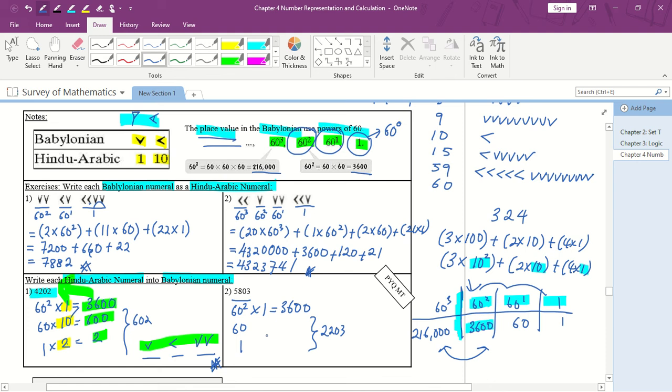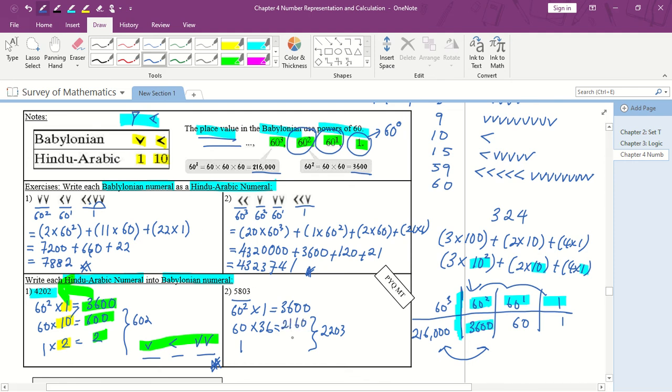Okay, so 2203 divided by 60, you get 36.71, then continue with 6. So we know you need 36. Of course, you can times 60 times 36, you get 2160.